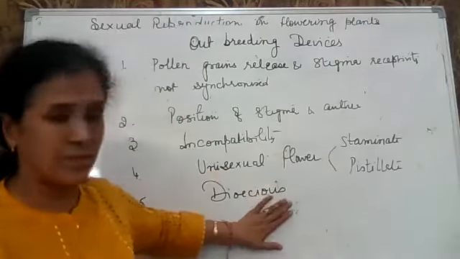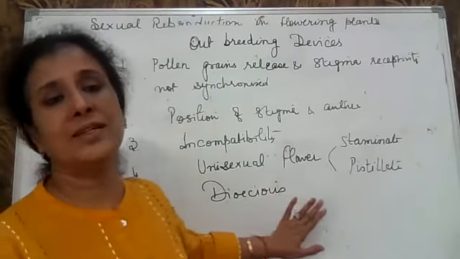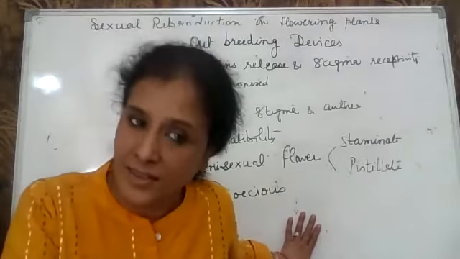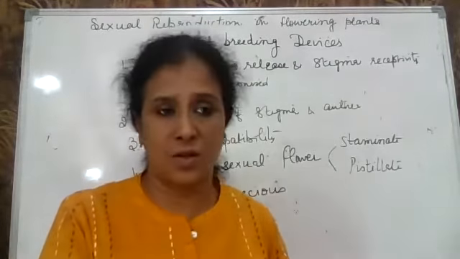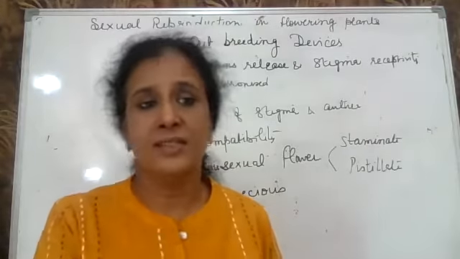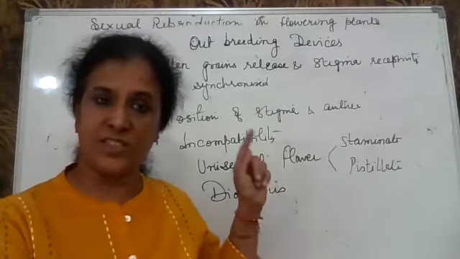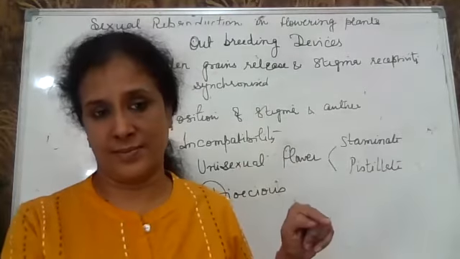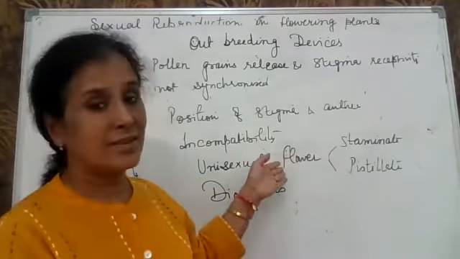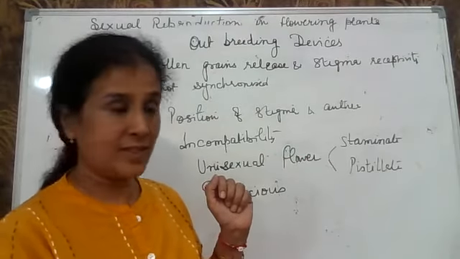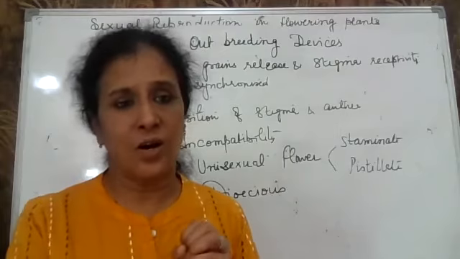So in this type, dioecious plant, only and only xenogamy can occur. In the previous type, autogamy cannot occur, but geitonogamy can occur. So the genetic makeup is going to be the same even there, right? And these two are specially designed to prevent autogamy.